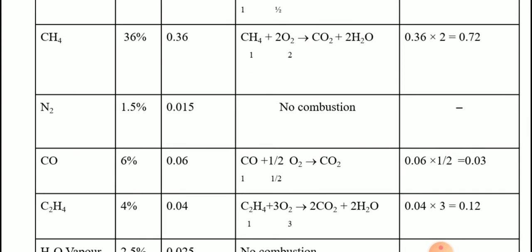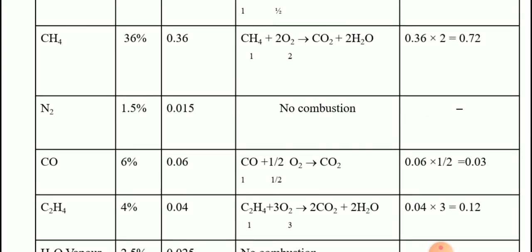Carbon monoxide is 6% in 1 meter cube, 0.06. Carbon monoxide requires half mole of oxygen to form carbon dioxide. So the oxygen requirement for carbon monoxide is 0.06 into half, equal to 0.03.